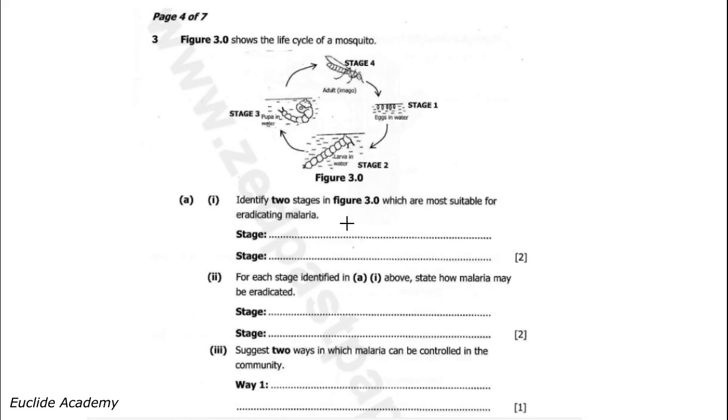So identify 2 stages in figure 3 which are most suitable for eradicating malaria. The one stage that we all know is the adult stage, where what are the methods that we see?